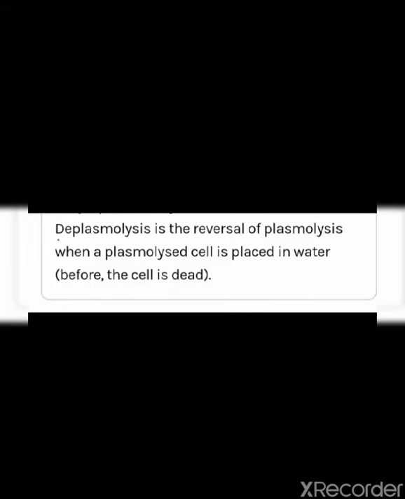So deplasmolysis is the reversal of plasmolysis when a plasmolysed cell is placed in water before the cell is dead. If we keep a flaccid cell in water, then again water will come inside the cell and the cell will become tight. So that is deplasmolysis. So plasmolysis is the result of outflow of water from the cell and deplasmolysis is the result of its re-entry.